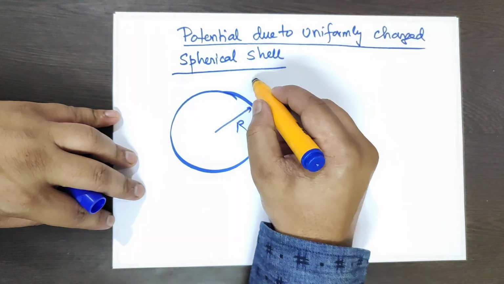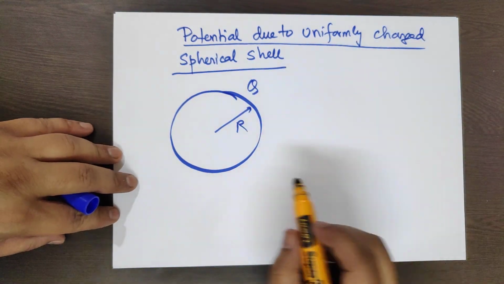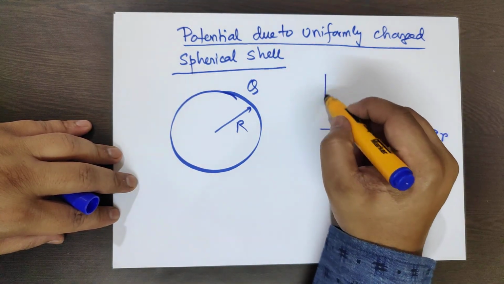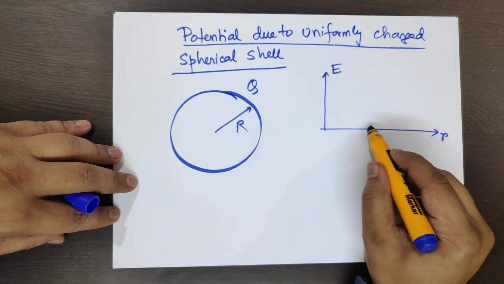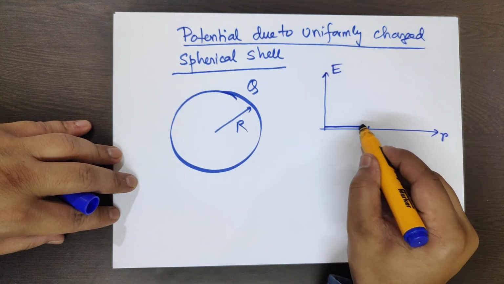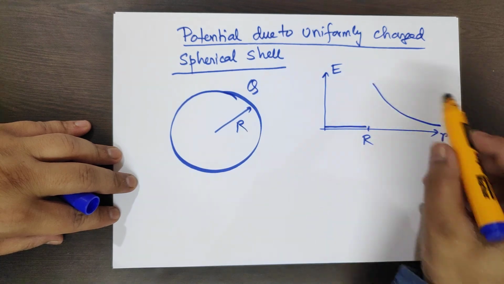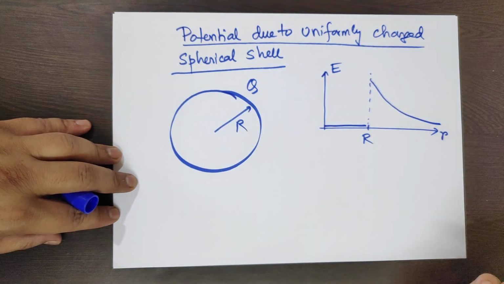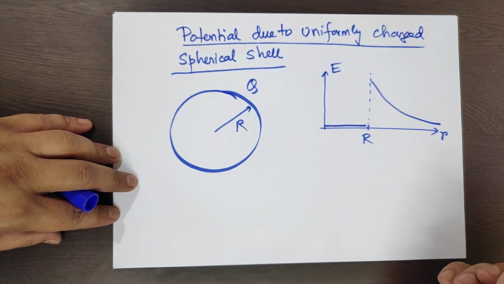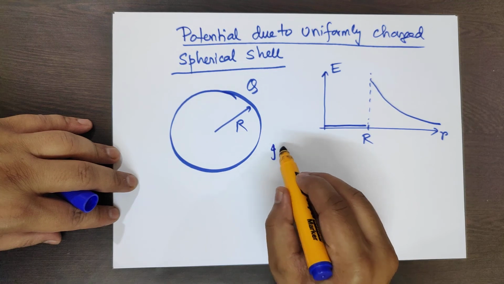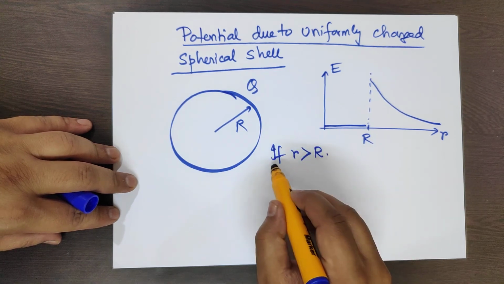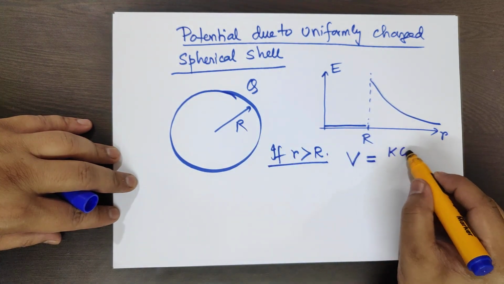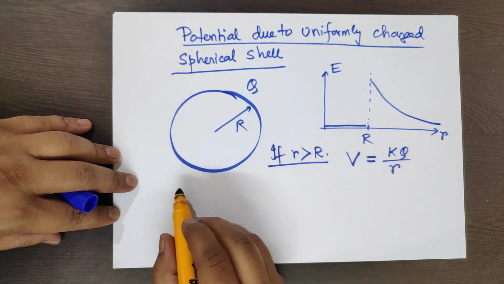It has radius R and charge Q. Now you know the field variation: up to R the field is 0. Beyond R, the shell acts like a point charge at its center. So similarly, you can find potential for an outside point. Now if r is greater than R, the potential is the same as a point charge at its center.